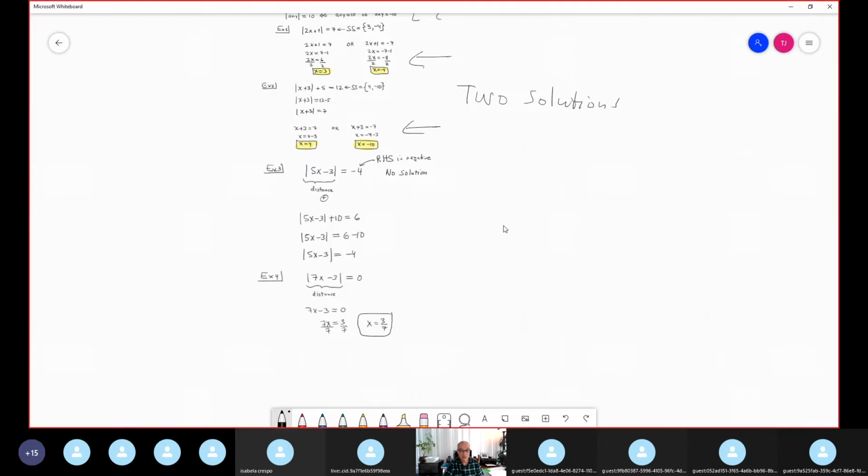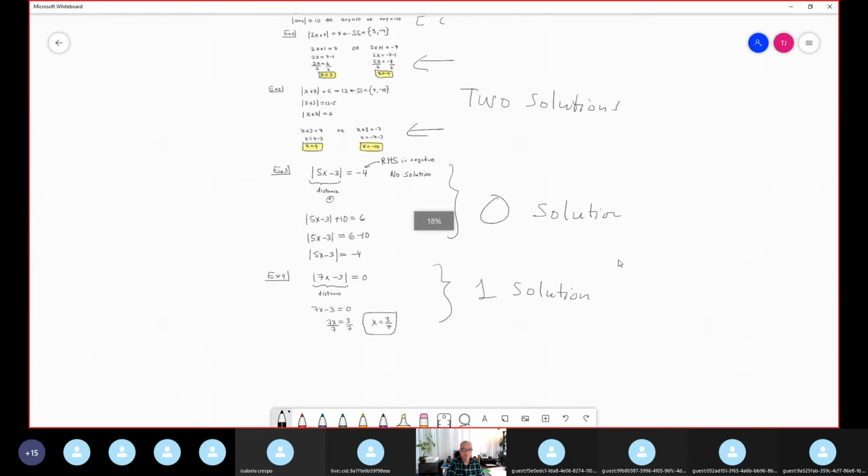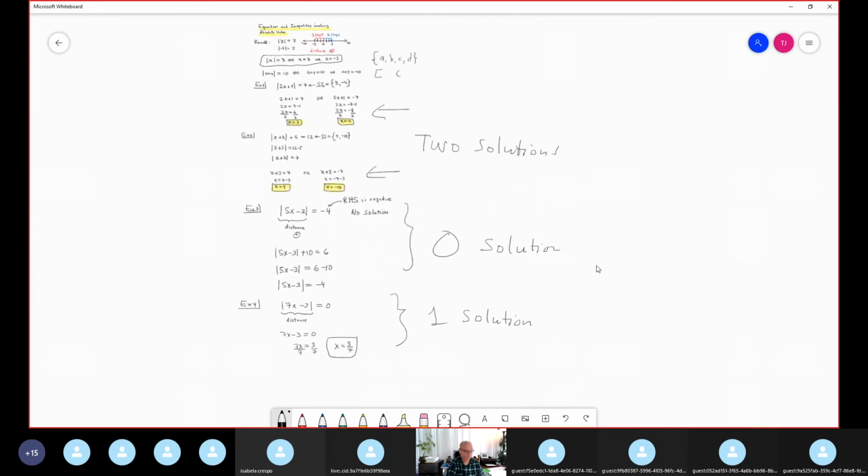When the right-hand side is negative, no solution, 0 solutions. When the right-hand side is 0, one solution. It's easy to memorize this. Is it clear?